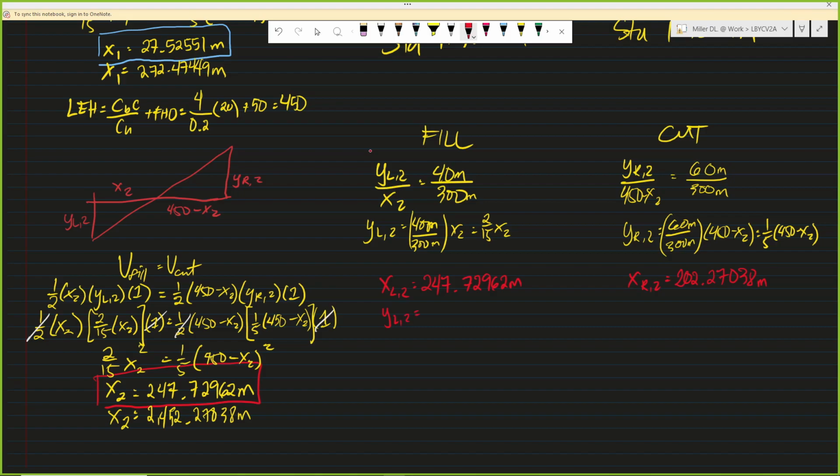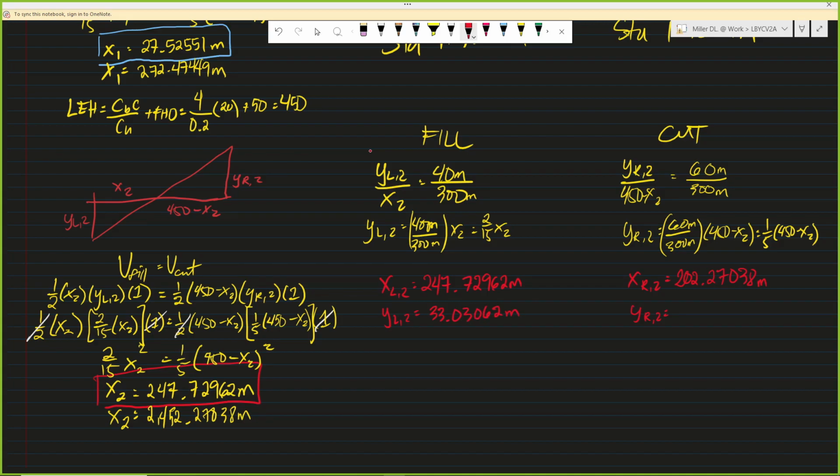Then y sub L2 and y sub R2. So, 2 over 15 times 247.72962. Kindly compute. So we have 33.03062 meters.